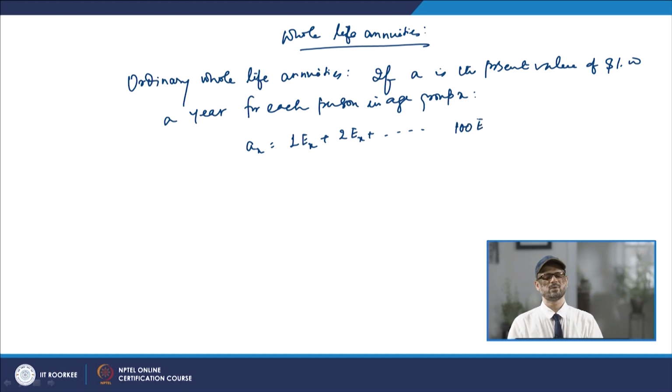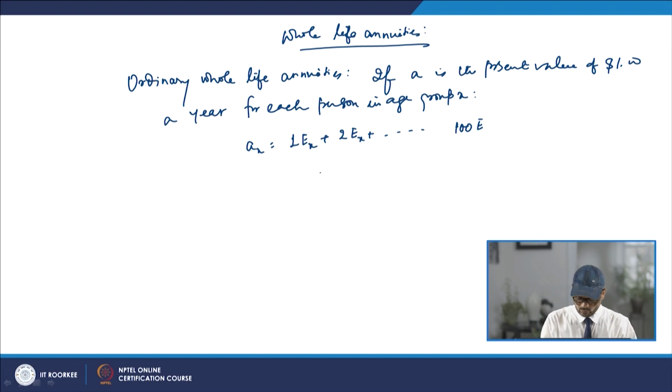So, that way you can find these collective endowment values, and if you do the simplification and the computation, you can write further nEx as Dx+n by Dx, so it will be Dx+1 by Dx, then Dx+2 by Dx, like that it will go.